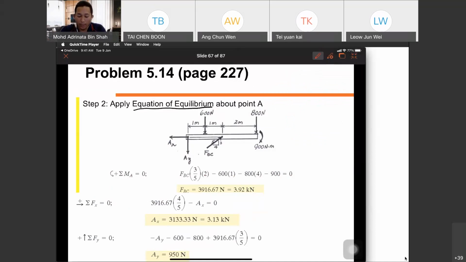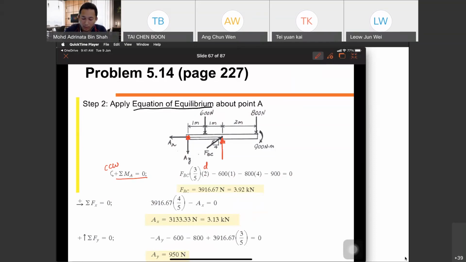So for now, sigma moment counterclockwise at point A is equal to 0. You need to write your equation. FBC times 3/5, so this is force times distance.